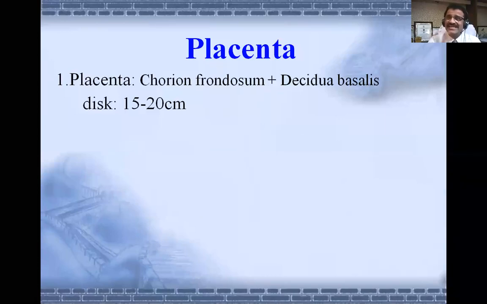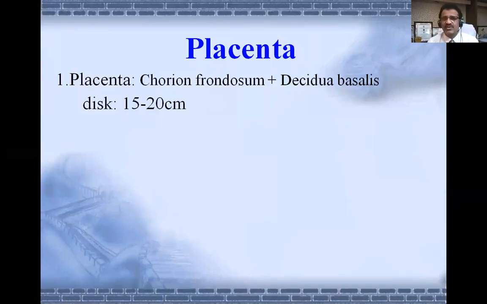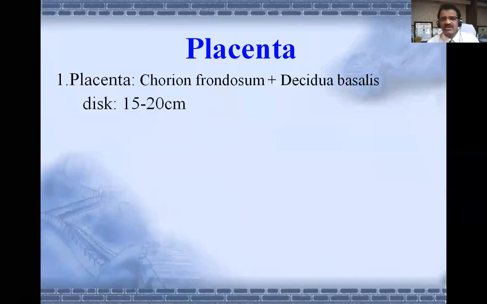So it looks like a disc, or it looks like a cake. So choriodecidual means chorion frondosum plus decidua basalis gives a shape of a disc of around 15 to 20 centimeter in diameter. Okay.